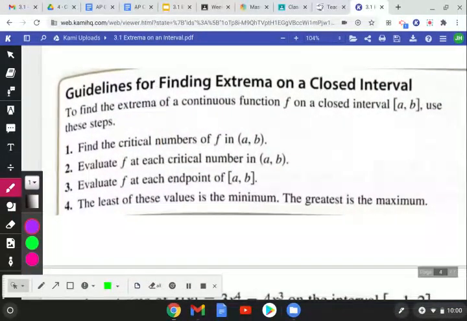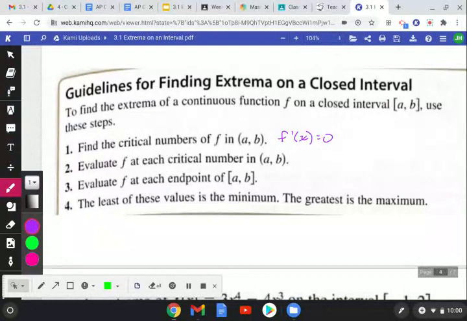Okay, so these are our instructions for finding extrema on a closed interval. To find the extrema on a closed interval, you're going to find critical numbers. A critical number occurs where f prime of x is equal to 0.